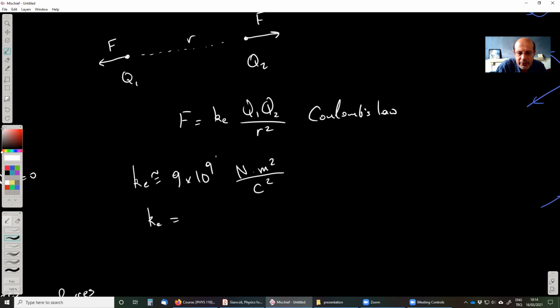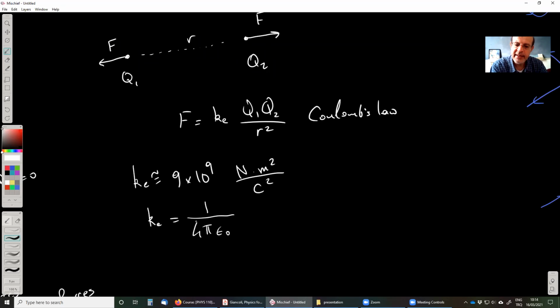In any case, as I have said, I'm going to make things complicated. Instead of writing this coefficient as Ke, I just write it as 1/(4 pi epsilon 0). The reason is that if I use this symbol, some of the formulas that we are going to see later will be simpler, starting with the next chapter.